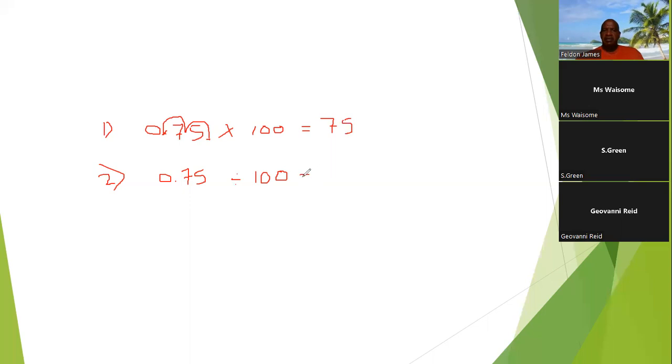Who can tell us now what the next answer should be? What direction are we going to move the point? And how many? Yes, sir. We're moving it to the left. How many places, miss? 2 places to the left. 2 places to the left.